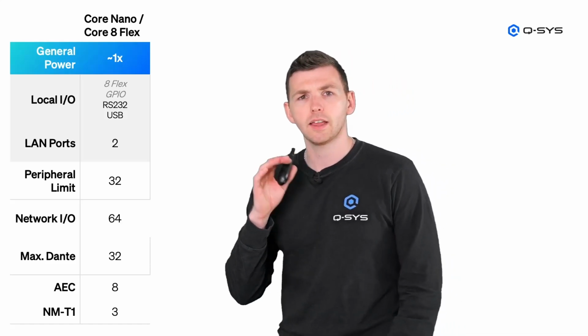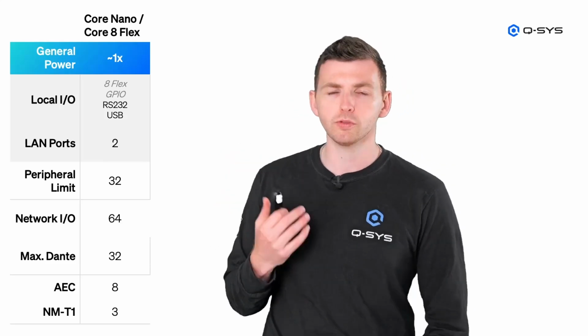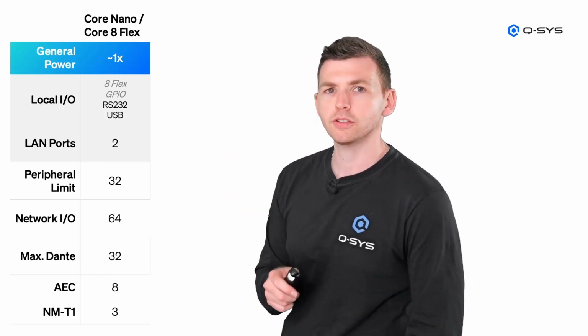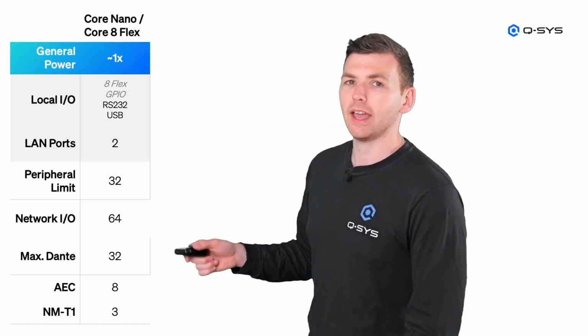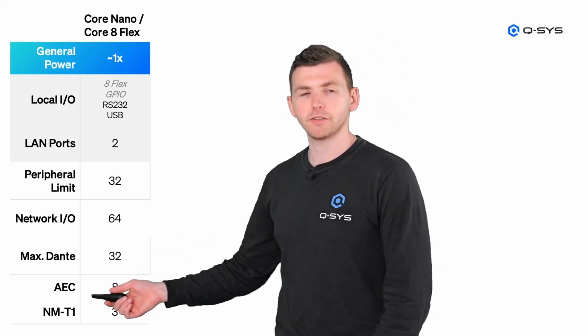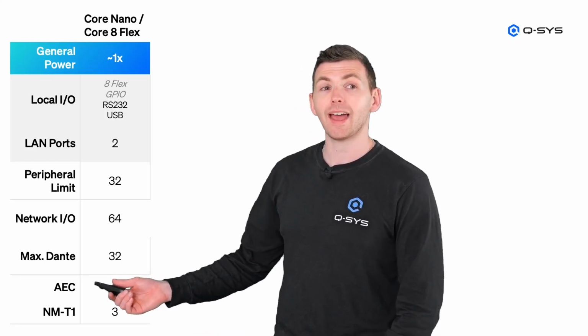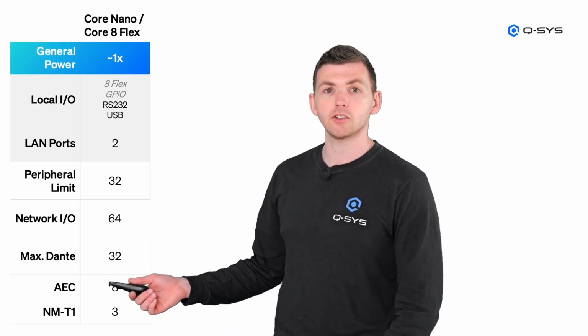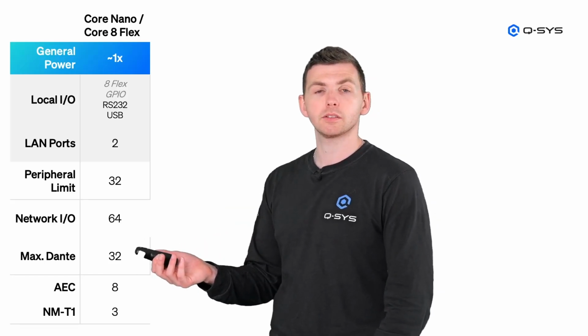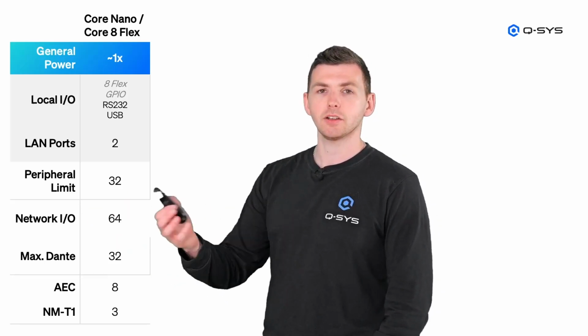I said at the start that echo cancellation is one of the more resource intensive audio processes, and that also goes for the NMT1, the microphone, because of course we are going to be doing some processing on that. So here we can have 8 channels of echo cancellation for third-party mics. So for example, that could be 8 Dante mics or 8 analog mics.